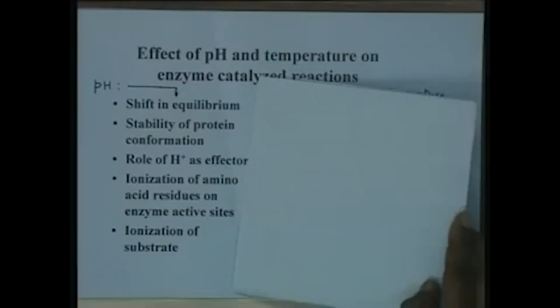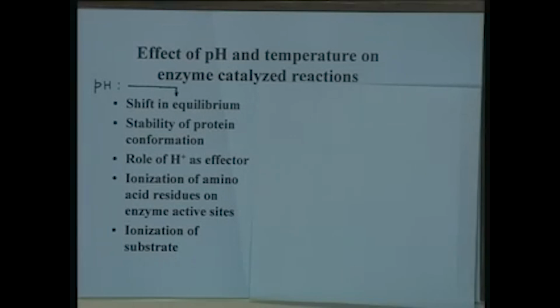In the case of pH and temperature, the effects are multidimensional. Looking first at the pH effects, you will notice that pH influences enzyme reactions in a number of ways.